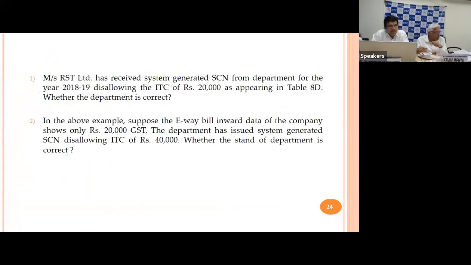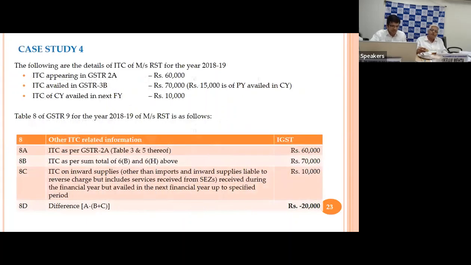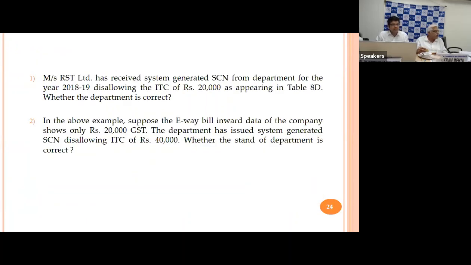We'll move a bit quickly. Second question is, in the above example, suppose the e-way bill inward data of the company shows only rupees 20,000 GST. Again, the department has issued a system-generated SCN denying ITC of 40,000. Because you have claimed the credit of 60,000, and your inward e-way bill is showing only 20,000, a lower amount, there is a system-generated show cause.